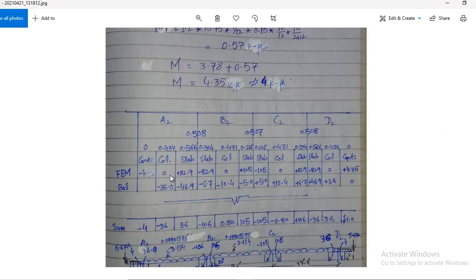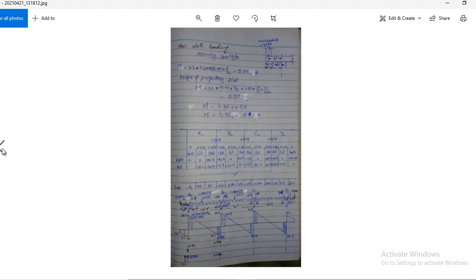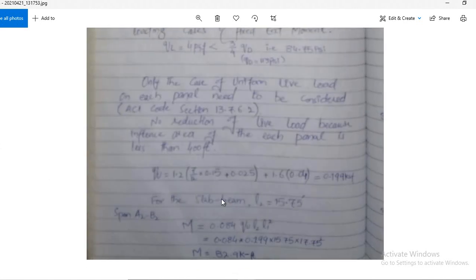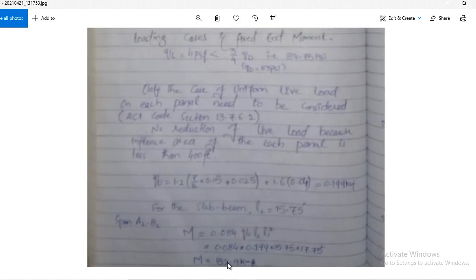For the column, we don't consider this moment. This is the moment for the A2 B2 span, and this is the moment for the B2 A2 span. Clear? It is important. For A2 B2, let me show you where we calculated this value. You see here 82.9. This is the fixed-end moment for the A2 B2 span.